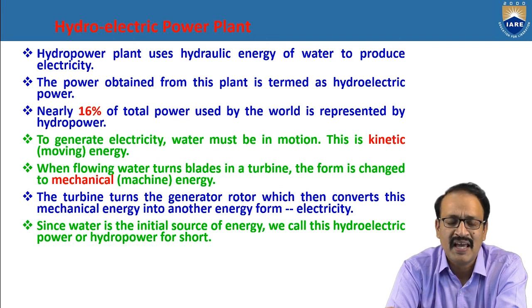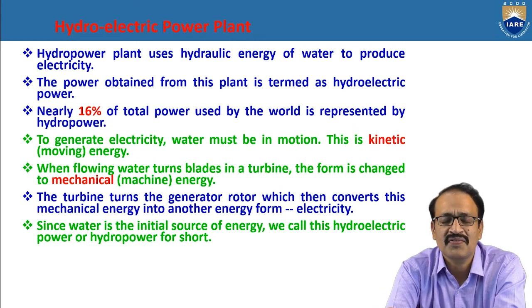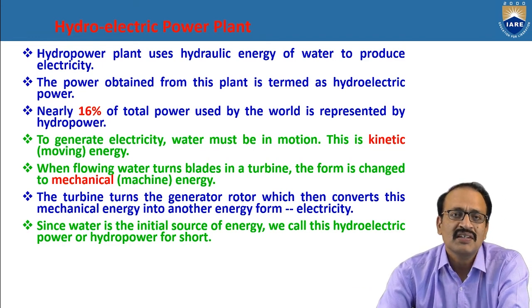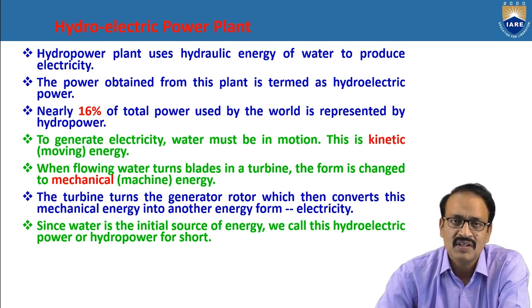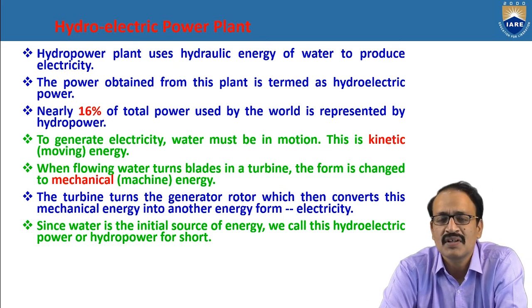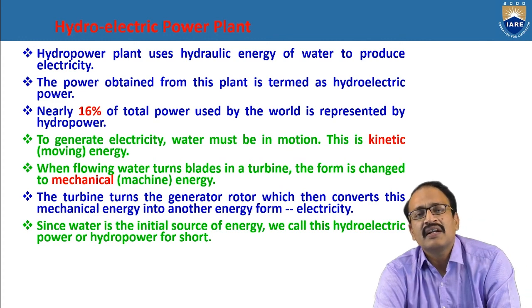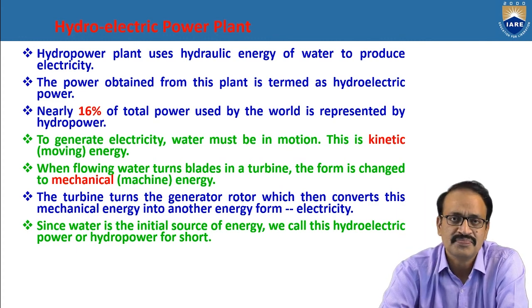There will be a head in the dam because of its construction. This head is very important. From this head, the water will flow to the turbine, and because of the force, the kinetic energy of that water, the turbine is going to rotate. This mechanical energy is converted into electrical energy with the help of generators.